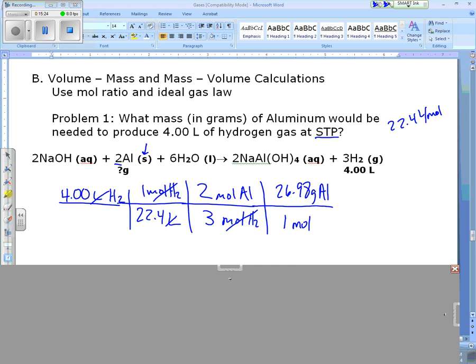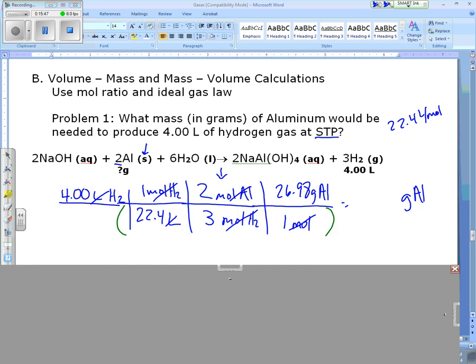Only subscripts. The only time you use coefficients is when you're working on mole ratio. That is it. All right, moles cancel out. All I'm left with are grams of aluminum. Everything on top multiplied together, divided by everything on the bottom, multiplied together. Remember, if you're going to do that in one fell swoop, it needs to be in one set of parentheses.